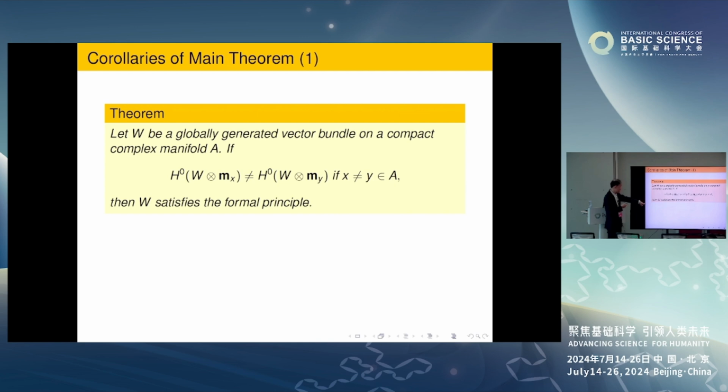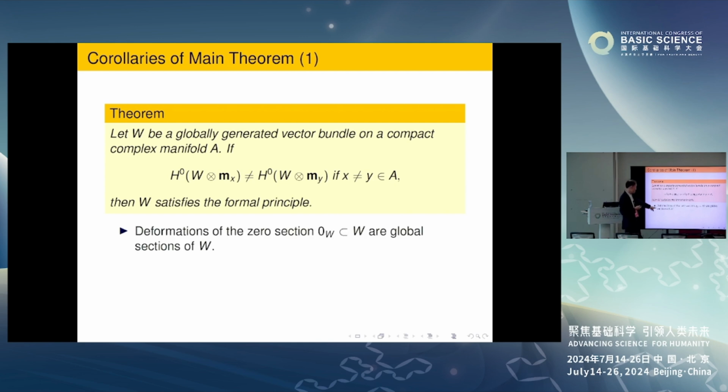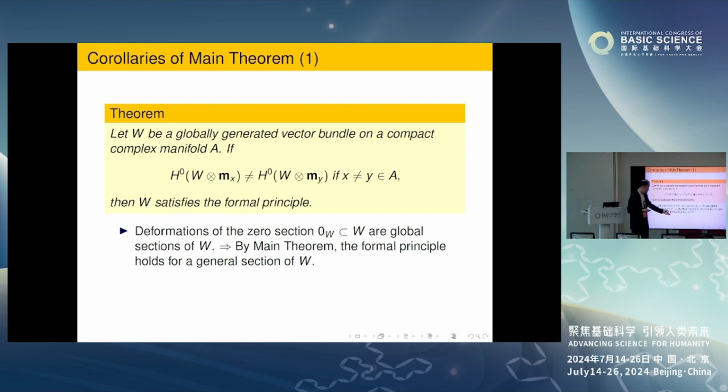Why? Because deformations of the zero section are just global sections of the vector bundle. And it's easy to see that the neighborhood of any global section is biholomorphically equivalent to the neighborhood of the zero section.